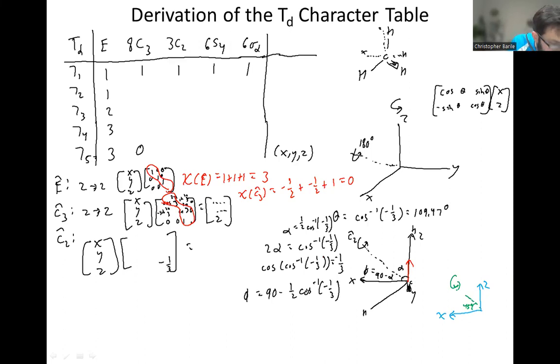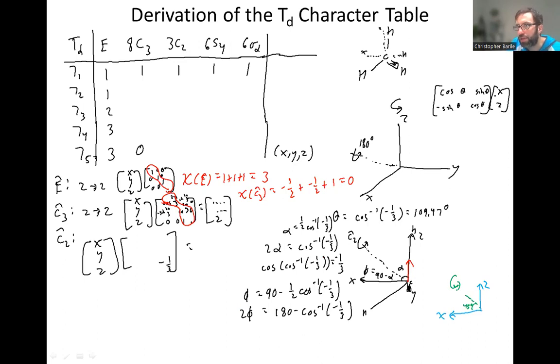And what does 2 phi, that's what we're rotating by, well, that's 180 degrees minus cosine inverse of negative 1/3. And what are we figuring out here? Again, it's the on-diagonal component.